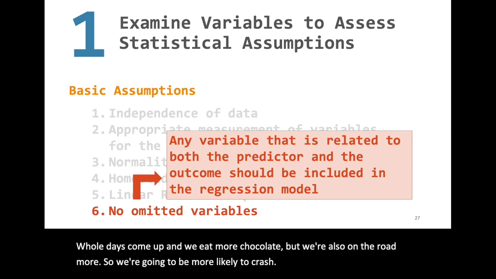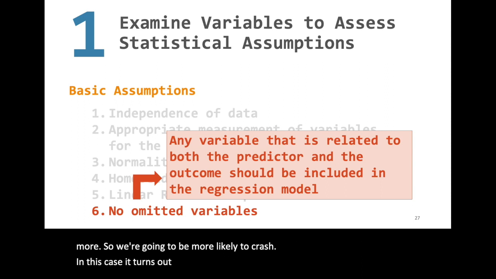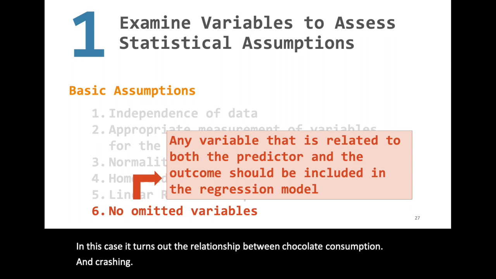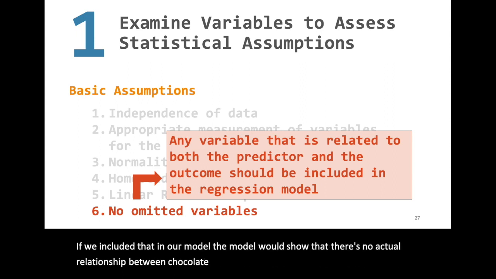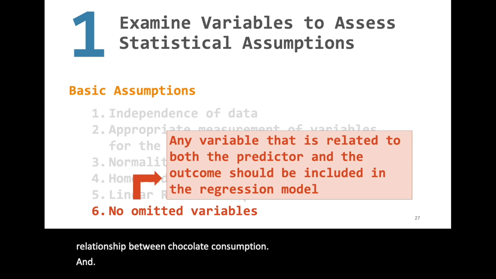In this case, it turns out the relationship between chocolate consumption and crashing could totally be explained by this variable that we omitted, which is time of the year. If we included that in our model, the model would show that there's no actual relationship between chocolate consumption and crashes.